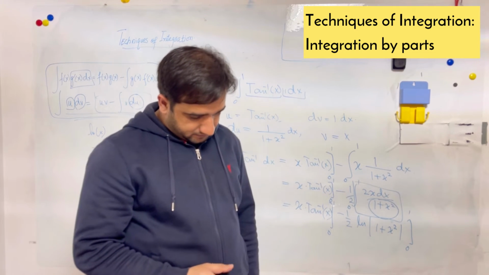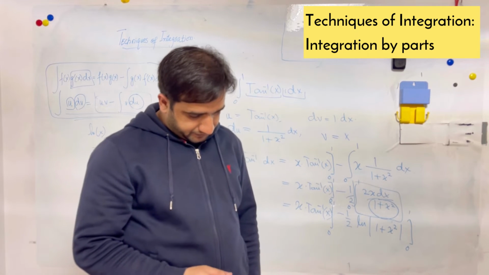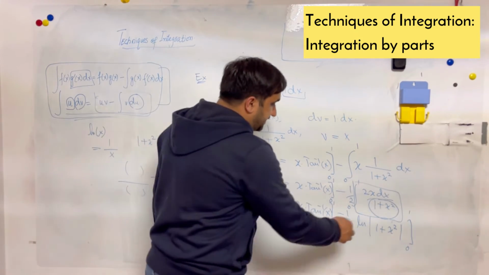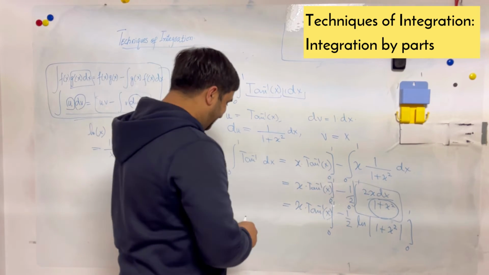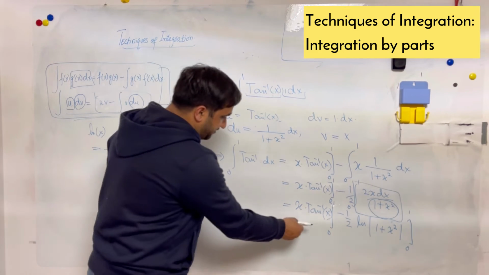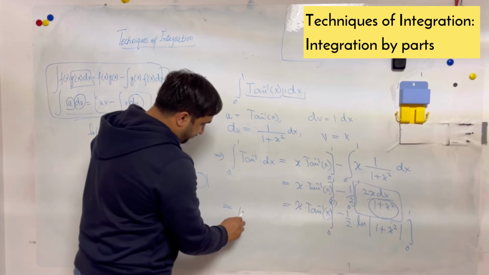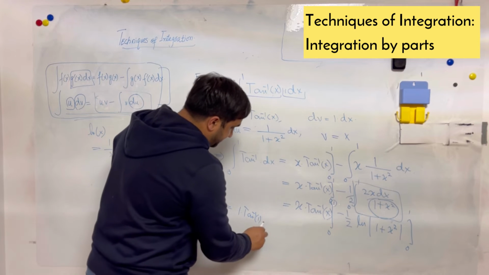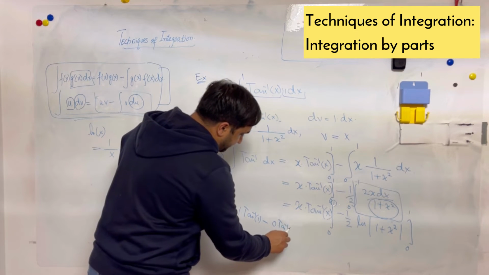Right? Can you put the limits? If you put the limit here, the first limit is 1, so it will be 1 dot tan inverse of 1. The second limit is 0, minus 0 dot tan inverse of 0.